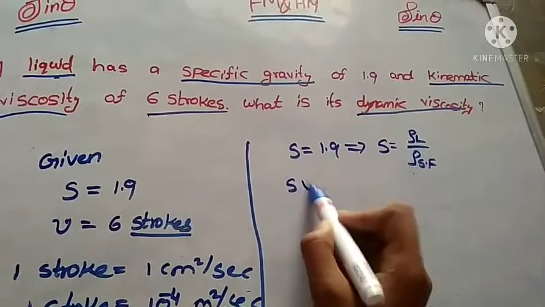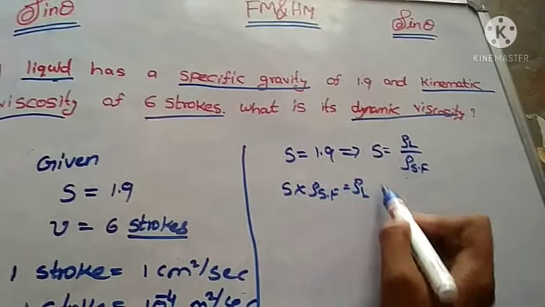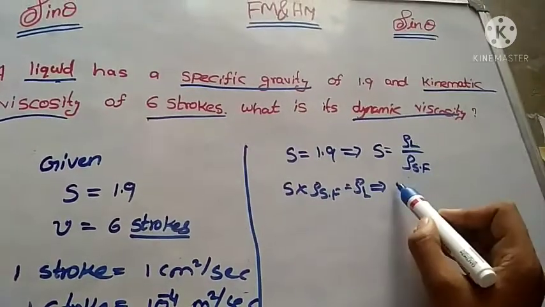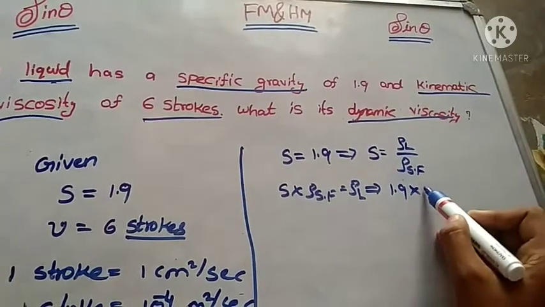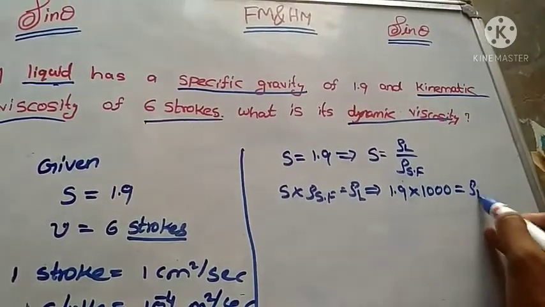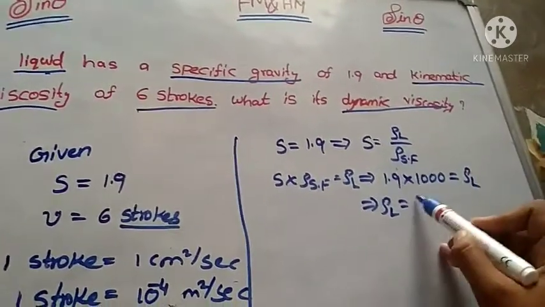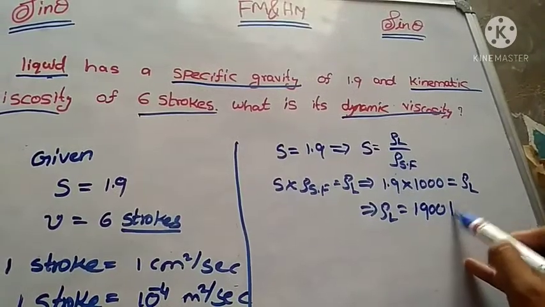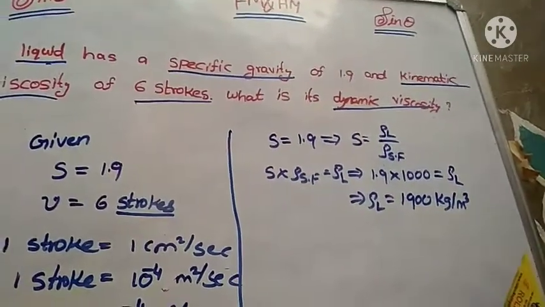So S into density of standard fluid is equal to density of liquid. So from this, 1.9, the S value, into standard fluid water, water density is 1000, is equal to density of liquid. So that implies density of liquid is equal to 1900 kg per meter cube. Is that clear?